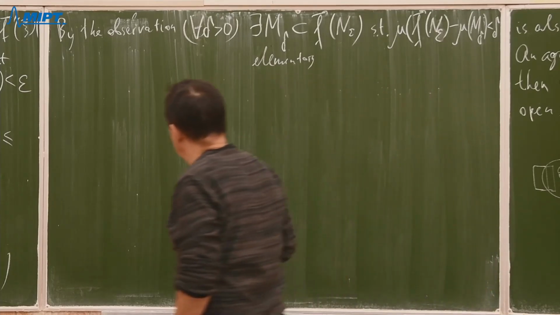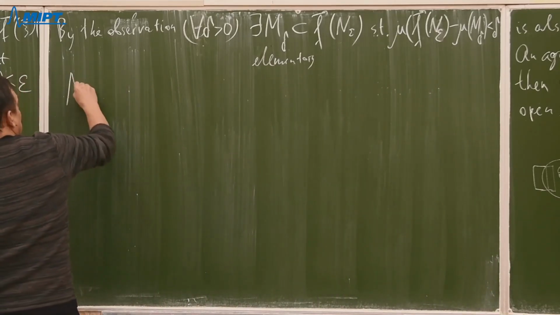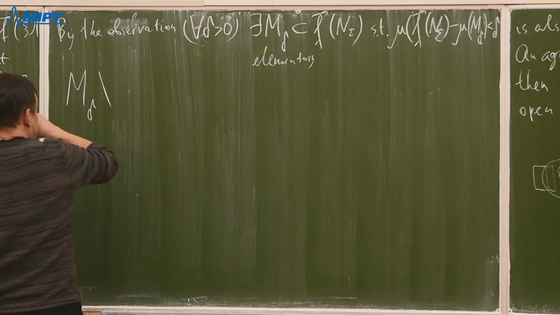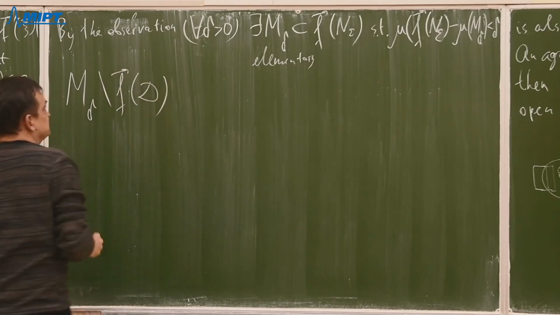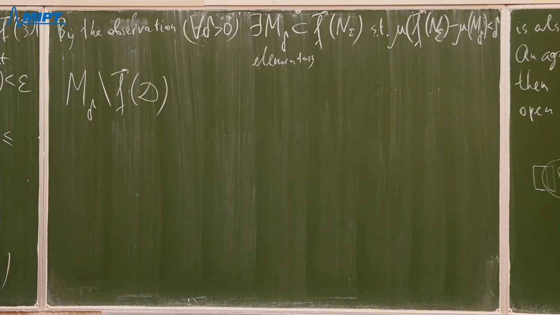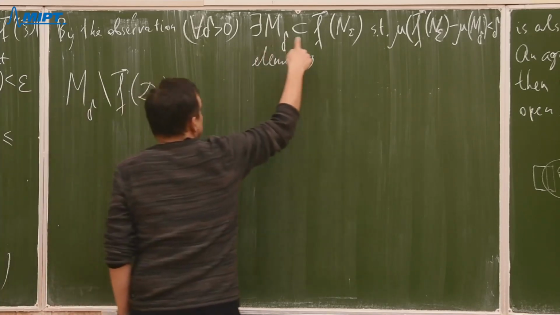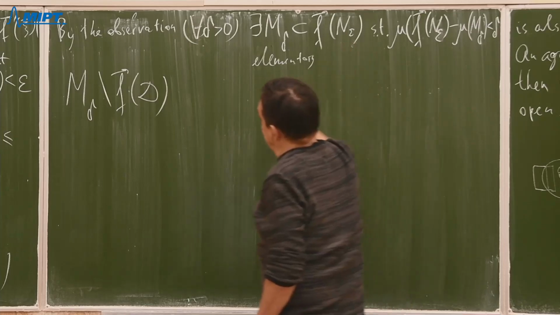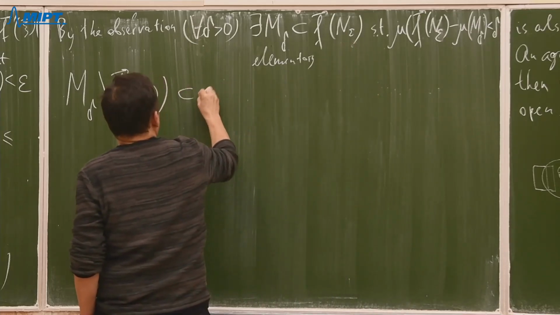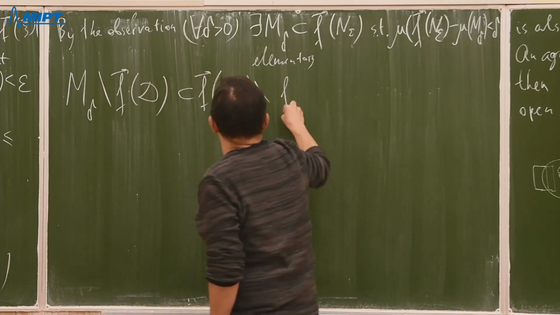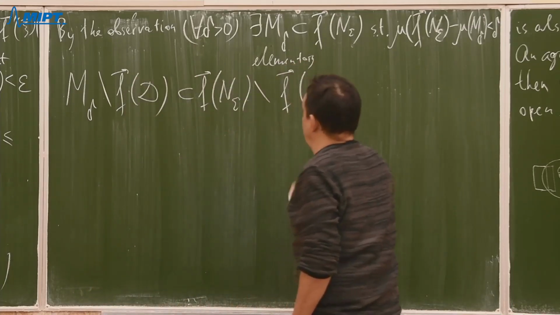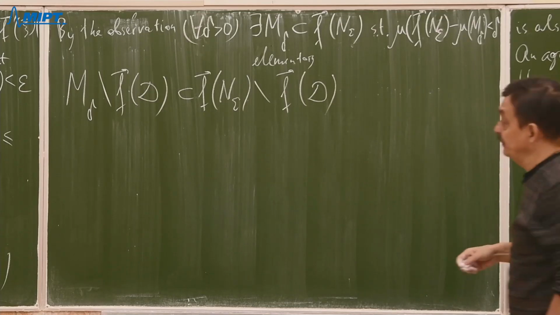So, look at such a difference, M delta minus f of D. M delta is a part of f of N epsilon, so I can write f of N epsilon minus f of D. Okay, it's enough for me.